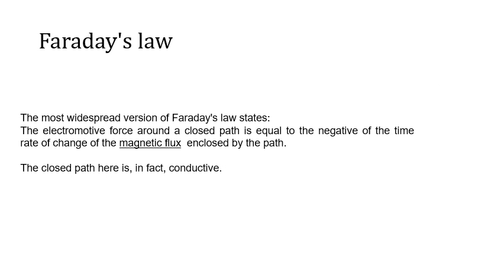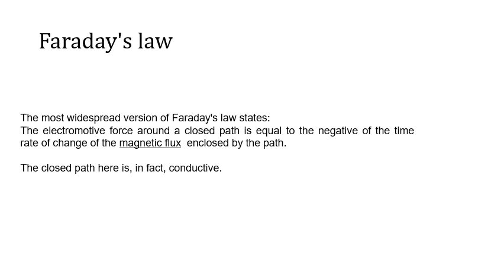We discussed Faraday's law in the last lecture. Many statements exist, but the most widespread version of Faraday's law is that the electromotive force around a closed path is equal to the negative of the time rate of change of magnetic flux enclosed by the path. If a magnetic field and flux are there, the electromotive force generated is always proportional to the rate of change of magnetic flux, d phi by dt.